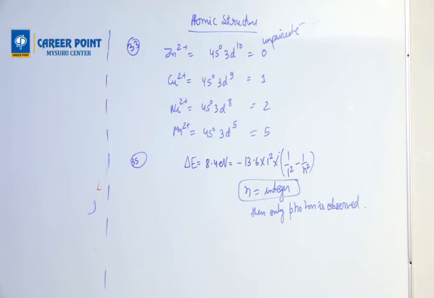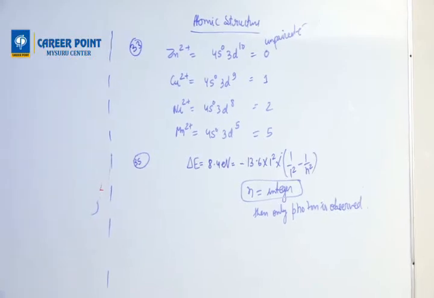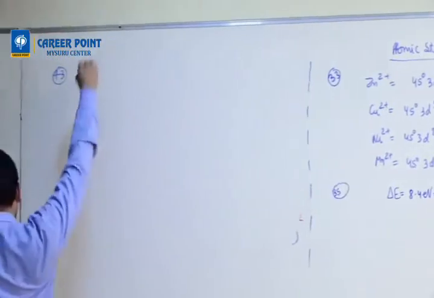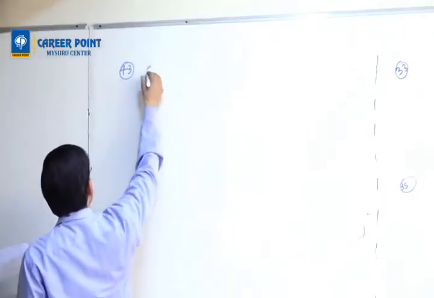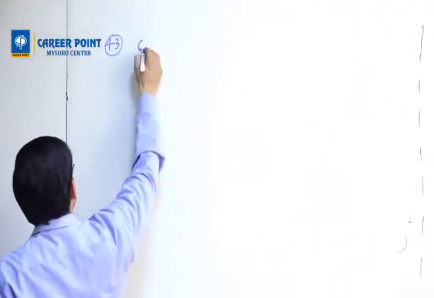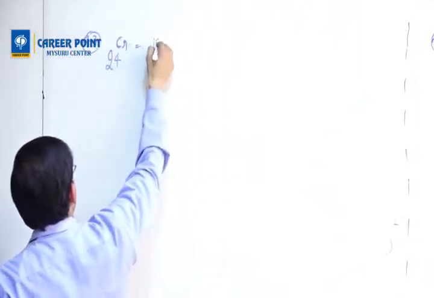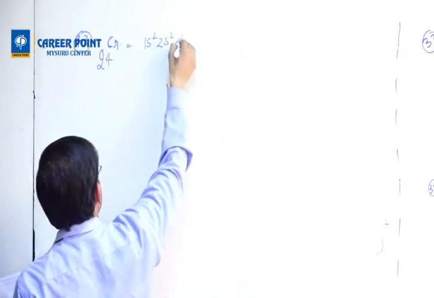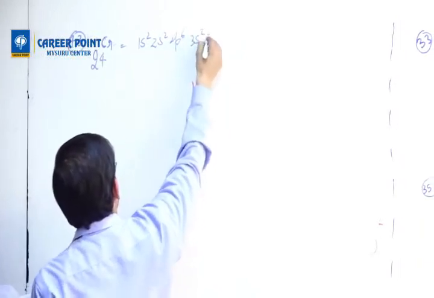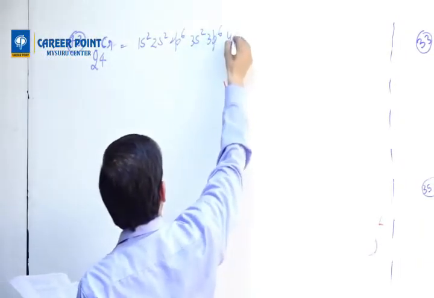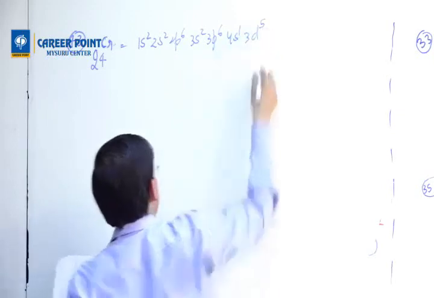After 35 we have question number 43. In the ground state of 24, the number of orbitals with 1 or 2 electrons are asked. For Cr, you write 1s2, 2s2, 2p6, 3s2, 3p6, 4s1, 3d5.